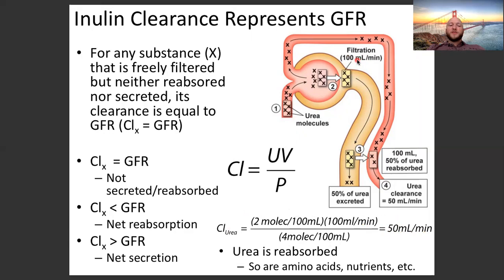So if you see a situation where clearance is less than GFR, you know there's net reabsorption. So urea gets filtered and reabsorbed, and so are amino acids and many other nutrients.